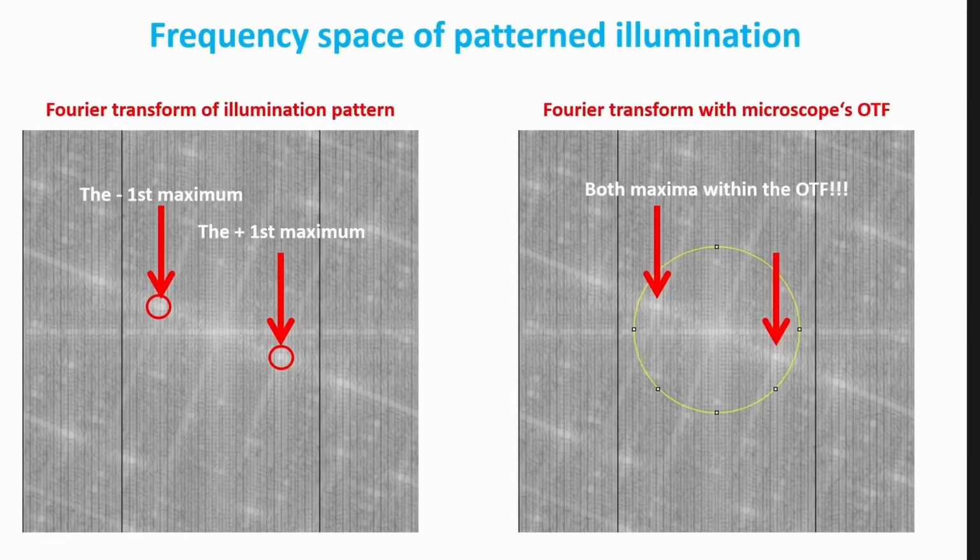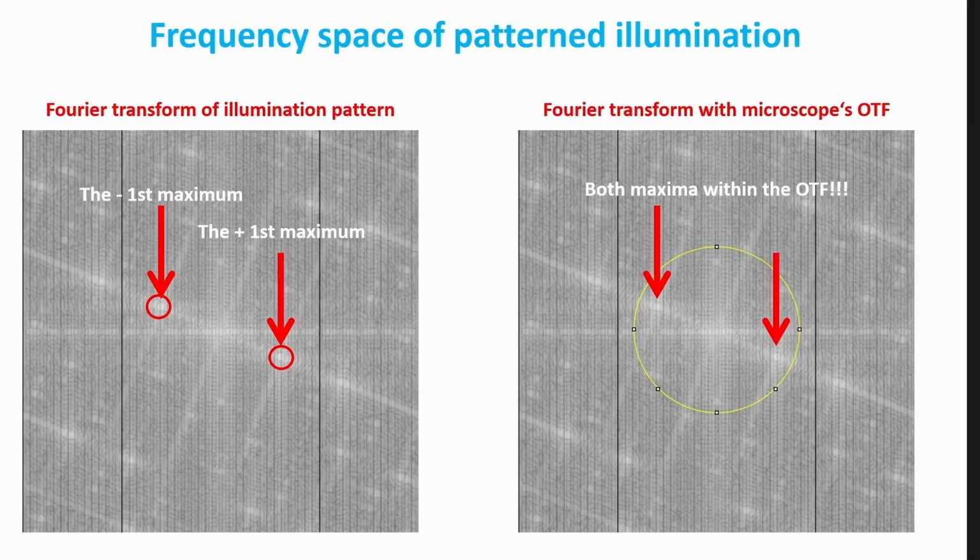I grabbed these maxima. This is the pattern of the illumination. As you see, the maximal lines are at an angle because the pattern itself is here. But what I do is I apply this illumination to the microscope, and this will then shift the optical transfer function of the microscope.